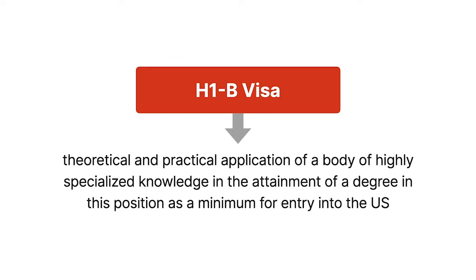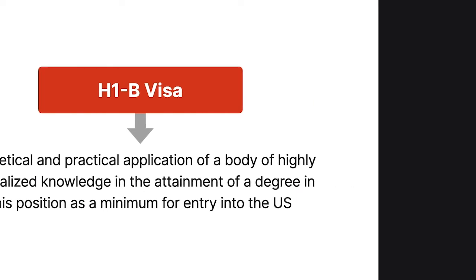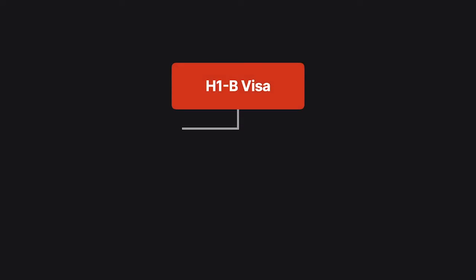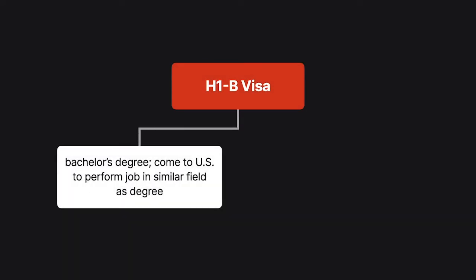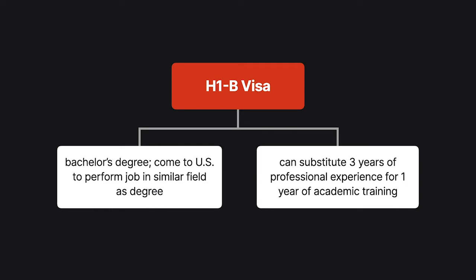Of course, the statutory and regulatory definition is a bit more specific, which is the theoretical and practical application of a body of highly specialized knowledge in the attainment of a bachelor's or higher degree in this specific position or its equivalent as a minimum for entry into the occupation in the U.S. And you must have achieved the bachelor's and come to the U.S. to perform a job requiring such in the similar field as the degree. So you're coming here to do the thing that you have the bachelor's for in a specialized field.